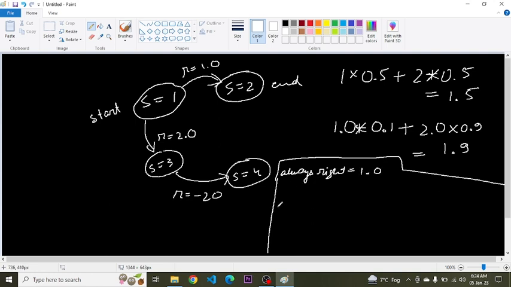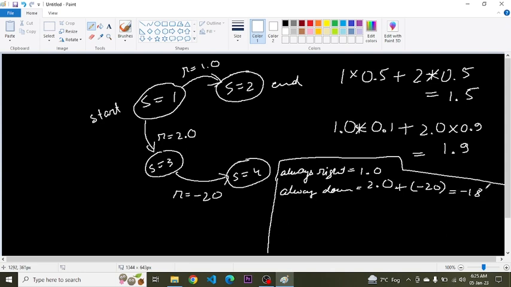The value of always down is going to be 2 plus minus 20, so it is going to be minus 18.